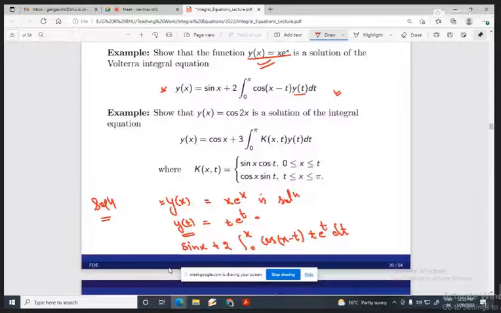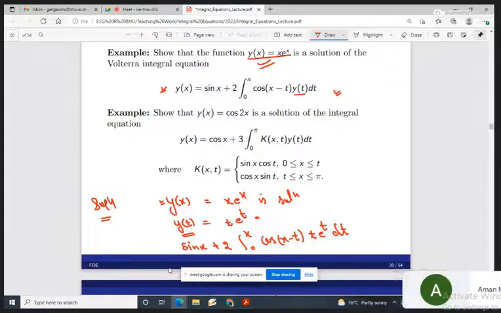I have just substituted the value of y in this integral sign, and solving, we obtain y(x) equal to x e^x. This is the process to check, to show that a function is a solution of an integral equation.